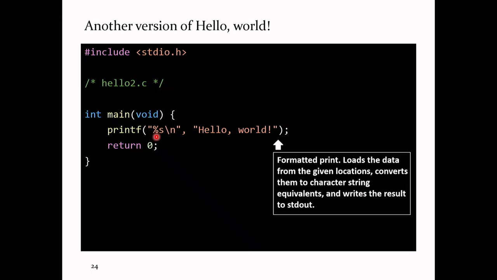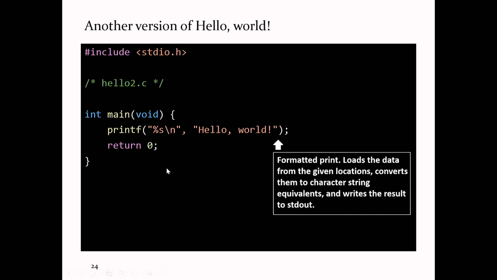So %s means interpret the first argument after the formatting string as a string. Then take that string and substitute it for %s. So printf is going to take hello world, substitute that for the %s, and then print the \n.